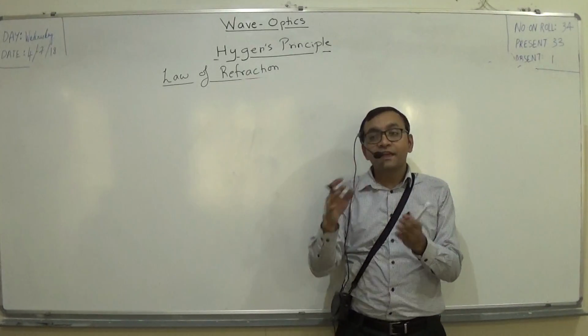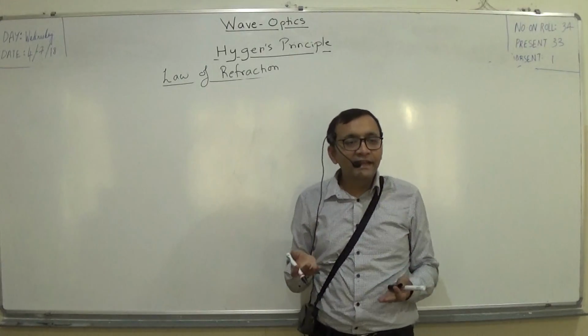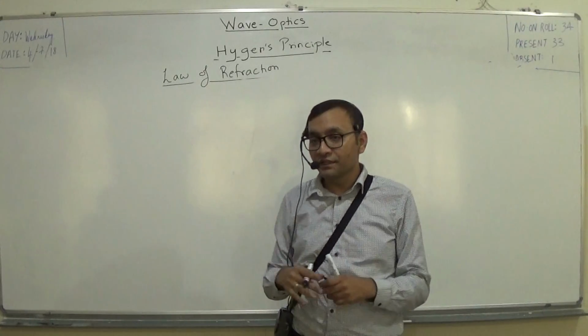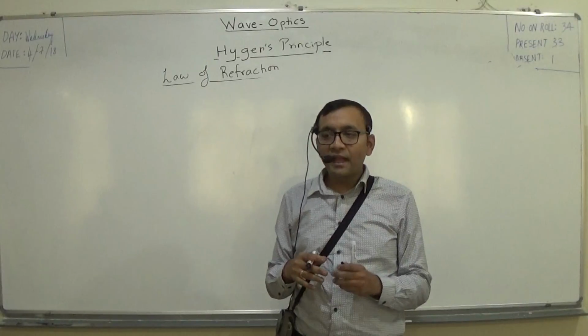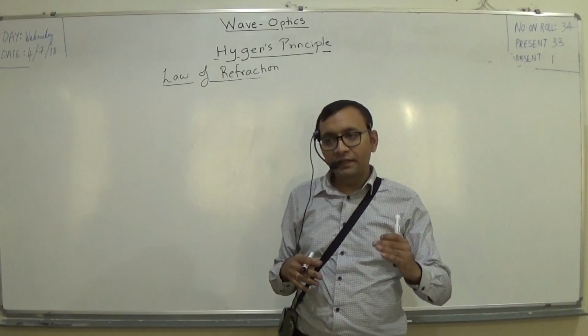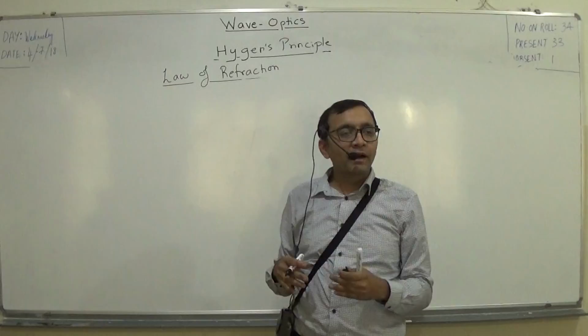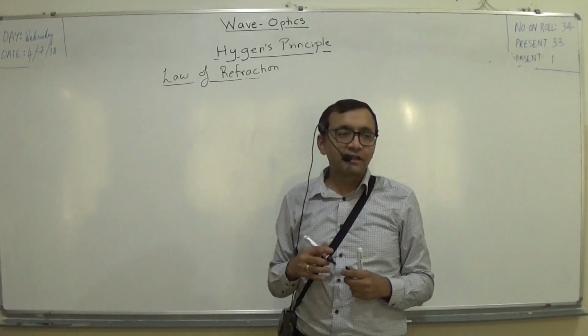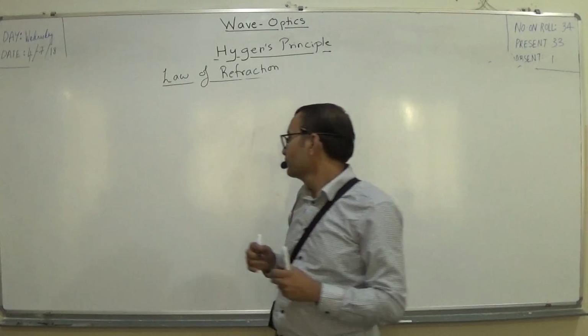Light will change the medium, and if light changes the medium, the speed changes. So by the time a particle travels a distance d, the other particle may travel a lesser distance. Okay?